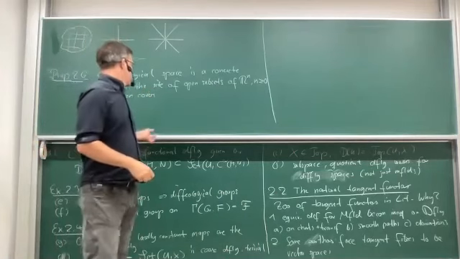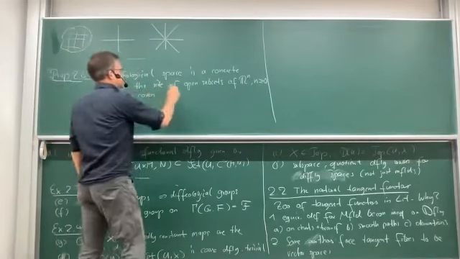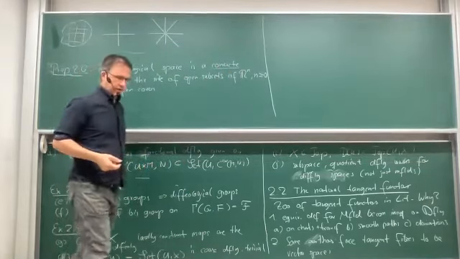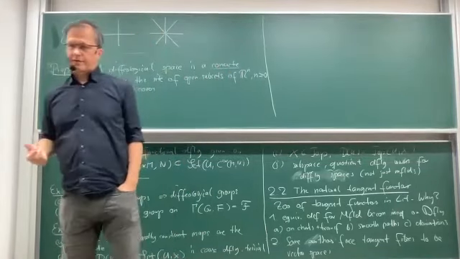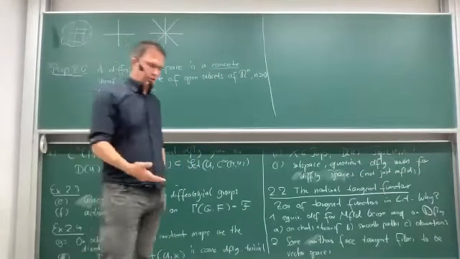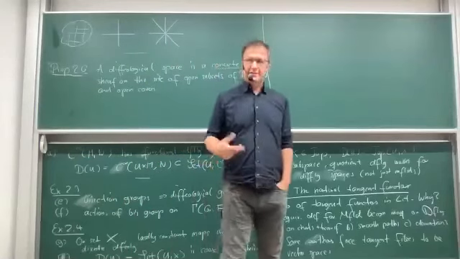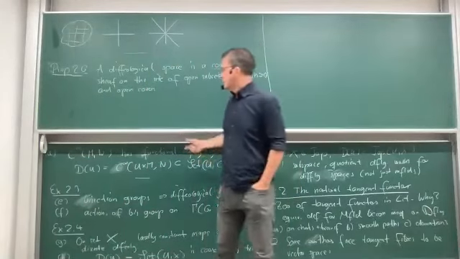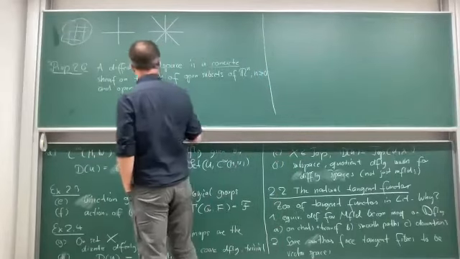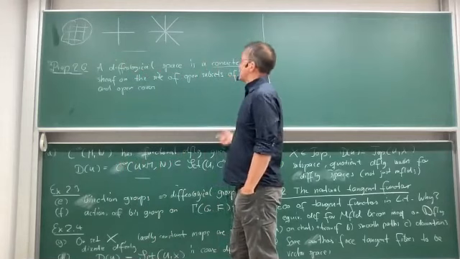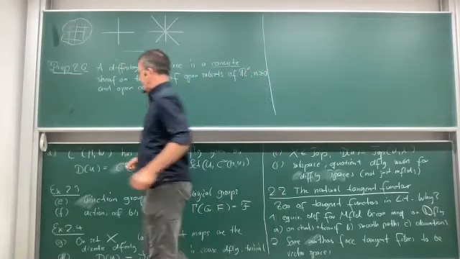And the only word that I think needs to have some explaining is concrete. So the category is concrete because there's a forgetful functor to sets. So every object then can be viewed as a set with structure and every map as a map of sets with properties. Okay, so for a concrete sheaf, we first need a concrete site. It's a bit more specific.